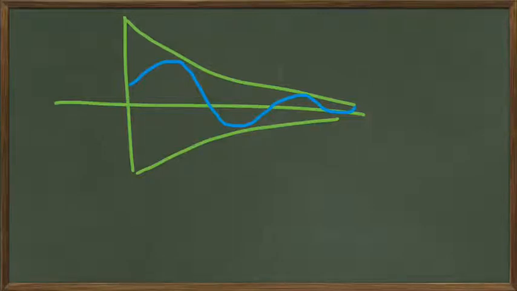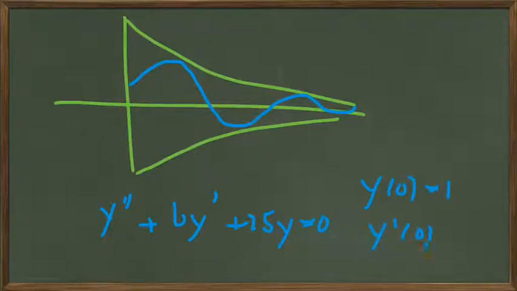So if we have this differential equation, y double prime plus b y prime plus 25y equals 0, and y of 0 is 1, and y prime of 0 is 0, then if b equals 6, then b squared minus 4ac is negative, so that would be an underdamped case. So let's solve that.